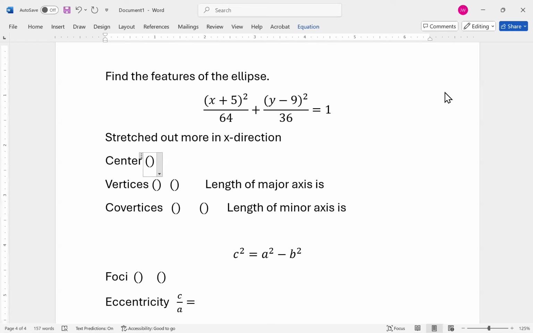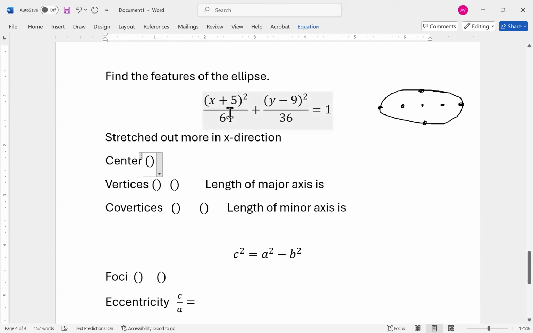That means when I do all of my calculations, the foci and the vertices are going to be moved from the center in the x direction, left or right. So they're going to move some units in the x direction. And my co-vertices are going to be moved up and down. That's how I get to my co-vertices.